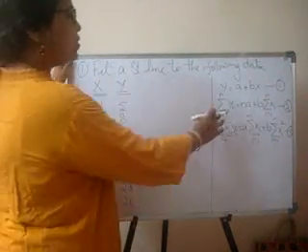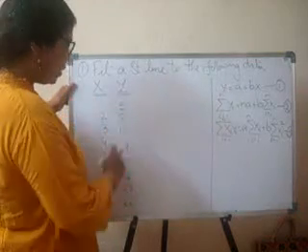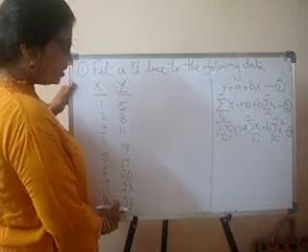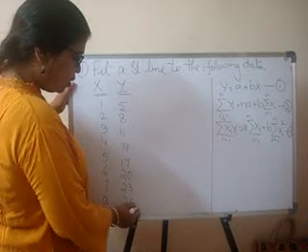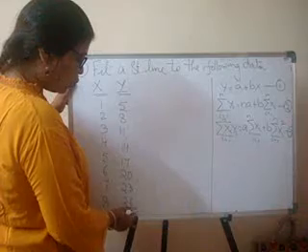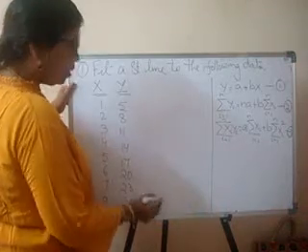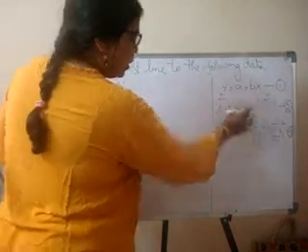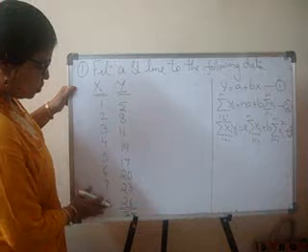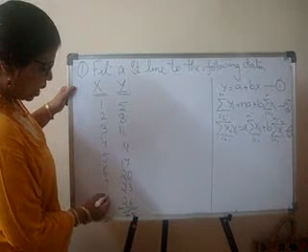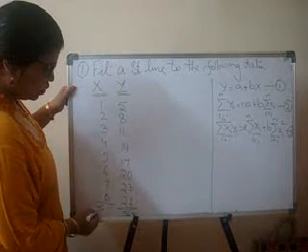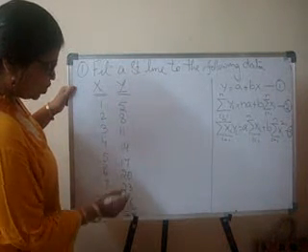Now, the y values are given. So if you add up all the y values, you get summation y. And if you add up all the x values, you get the summation x value.